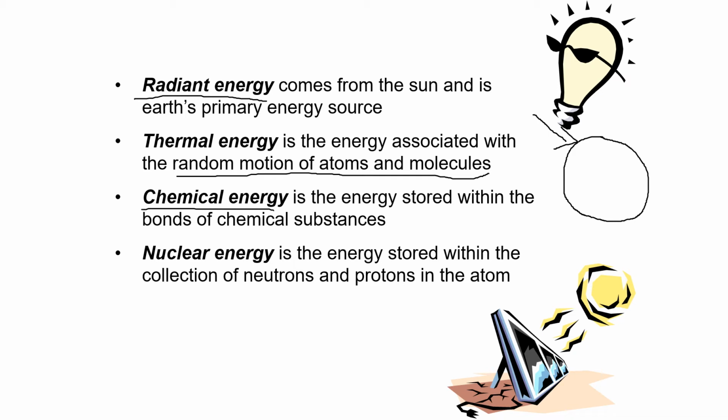Chemical energy, again, is that potential energy stored in the bonds of chemical substances. And of course, nuclear energy is the energy stored within the nucleus of an atom. And it's the protons and the neutrons that are responsible for that nuclear energy.